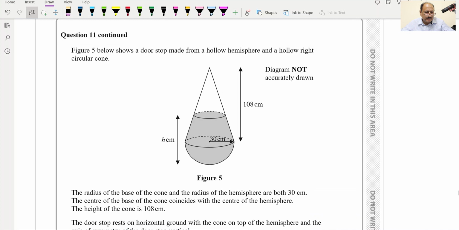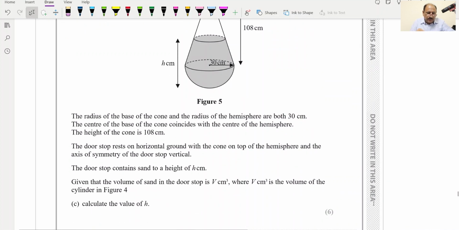Next is the continuation of the same question. Figure 5 below shows a door stop made from a hollow hemisphere and a hollow right circular cone. Diagram is not accurately drawn. The radius of the base of the cone and the radius of the hemisphere are both 30 centimeter. So this is 30 centimeter.